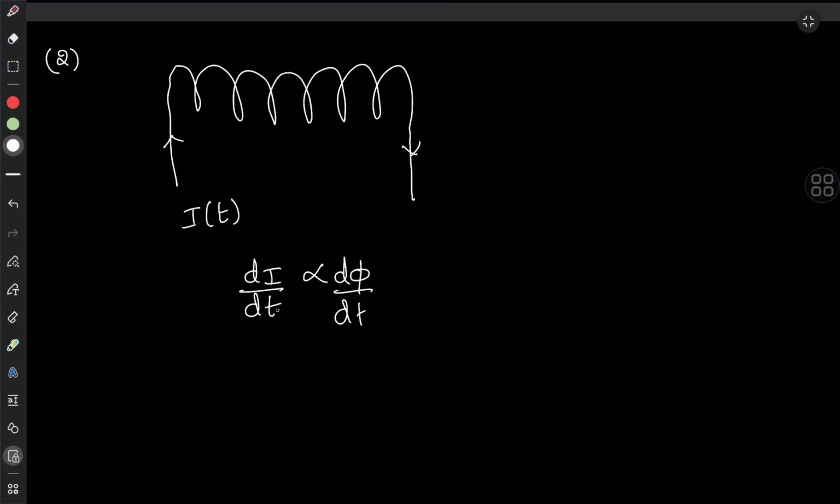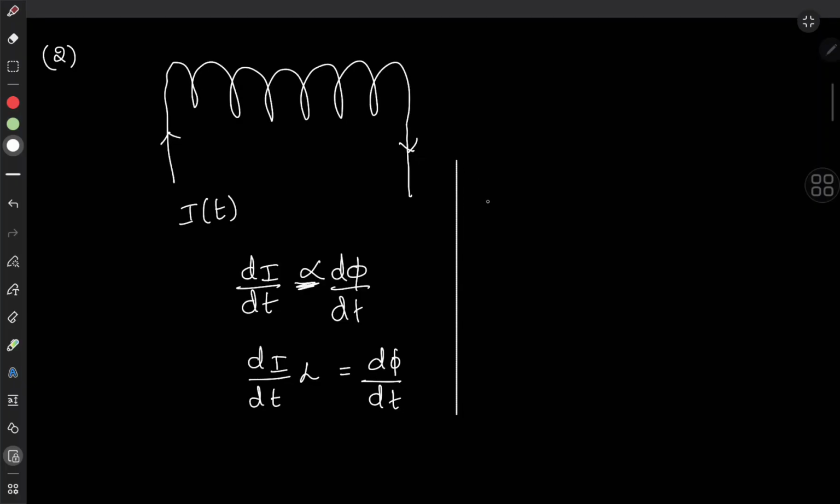Now di by dt is proportional to d phi by dt. To remove this proportionality constant, I introduce L, so L di by dt is equal to d phi by dt. Now d phi by dt means the induced EMF in the same coil, which opposes the current flowing.